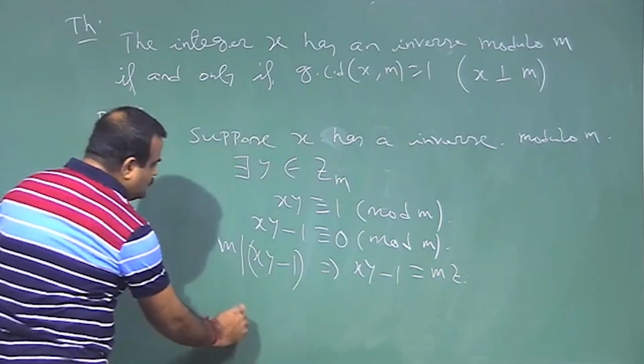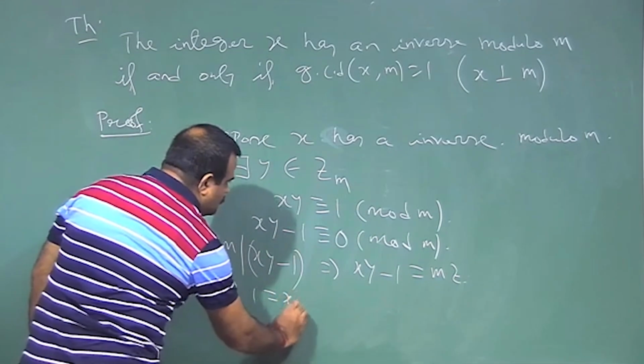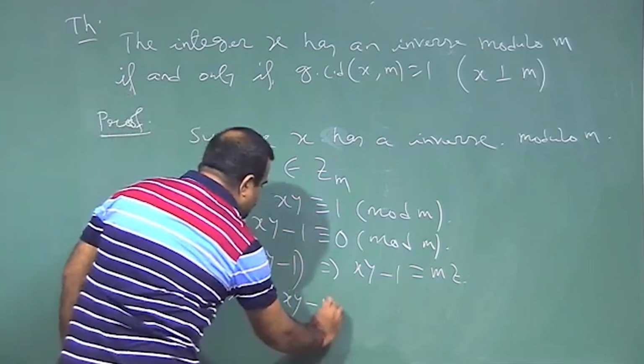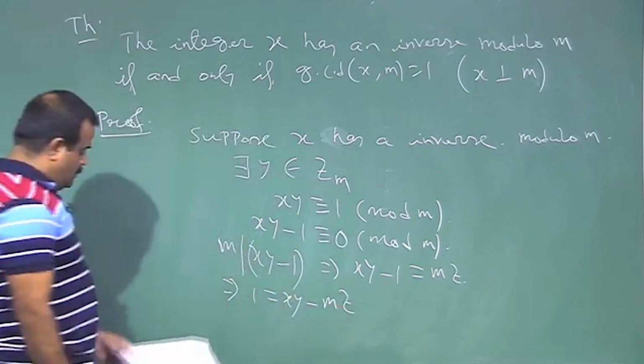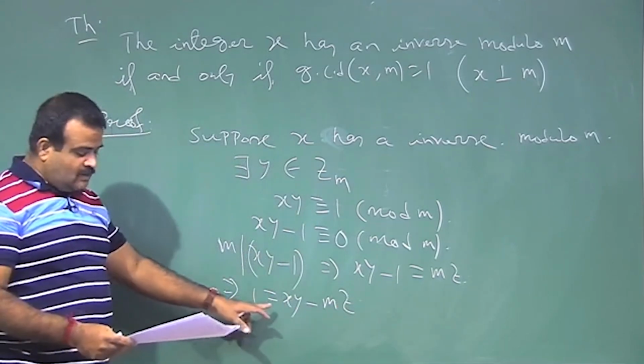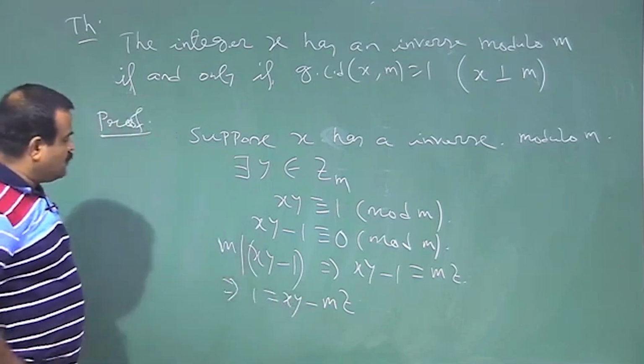So, this implies 1 is equal to xy minus mz.